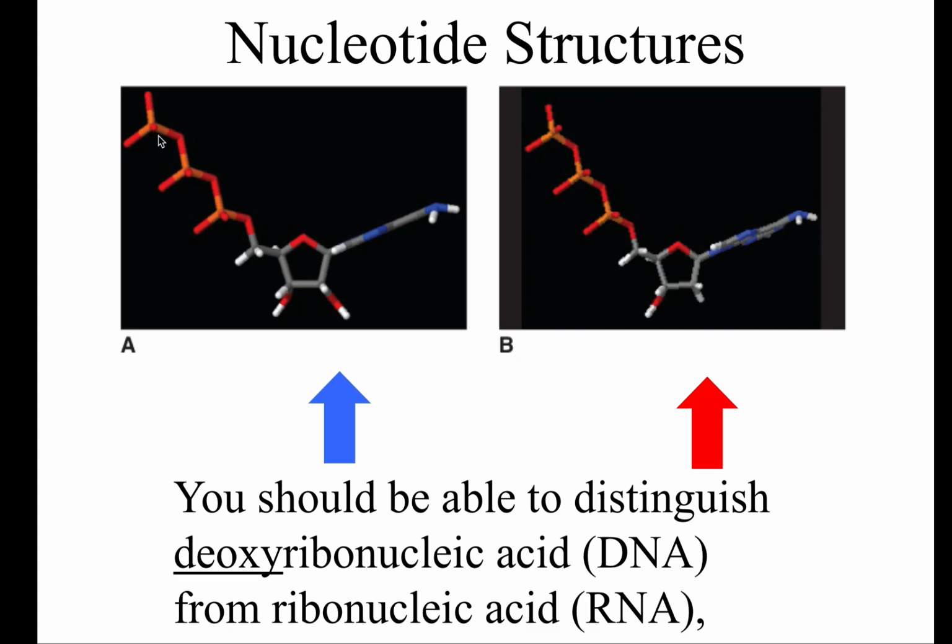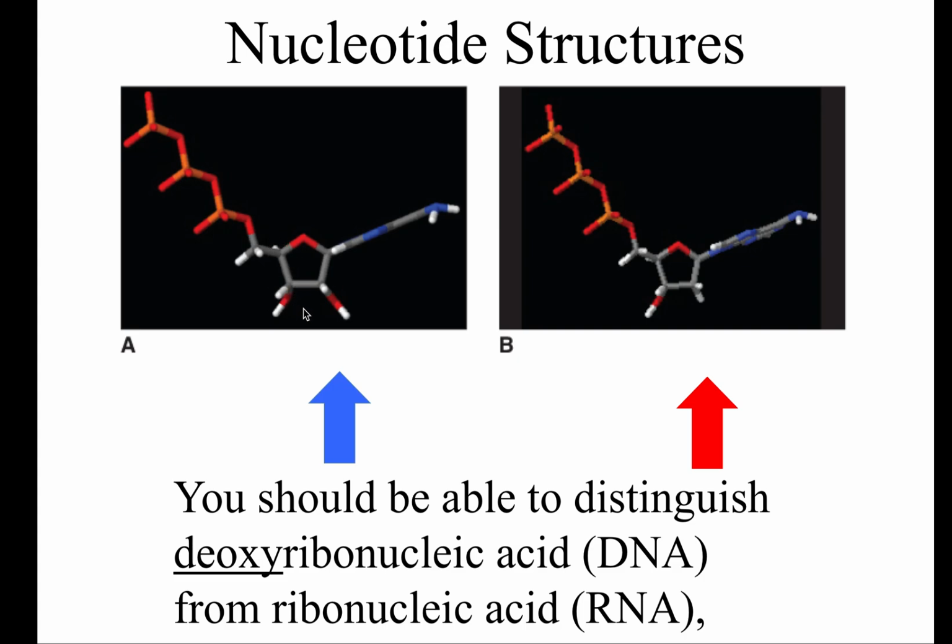Here are the 3 phosphate groups, 1, 2, 3. Here is the sugar that is the middle of the DNA molecule, and then this thing here is called the base. And there's different kinds of bases: adenine, guanine, cytosine, and thymine. But the sugar is the same, and the phosphates are the same for all of them.